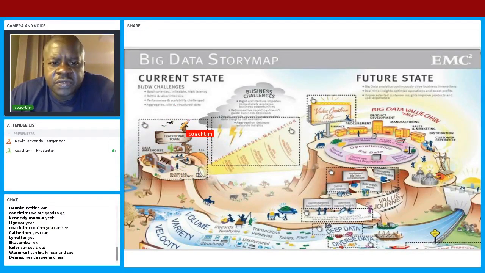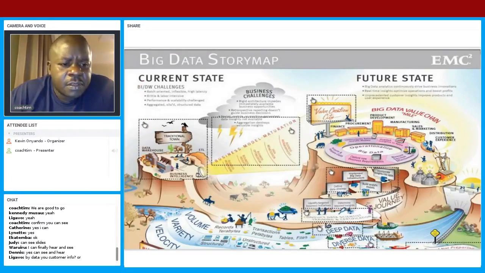What we're trying to do is address the challenges of a traditional business and transition it into a modern landscape for big data. First is the way they process data. Data warehouse challenges have been batch oriented processing. For example, when you store data on SQL and you update it.